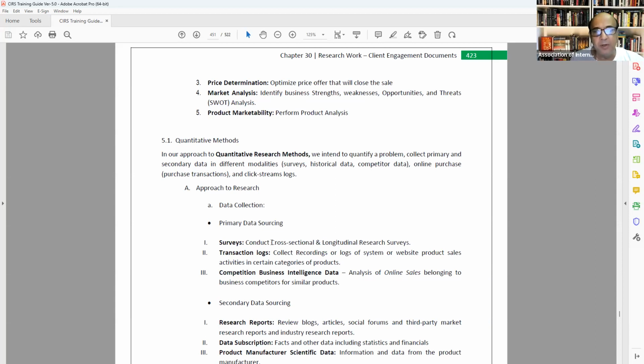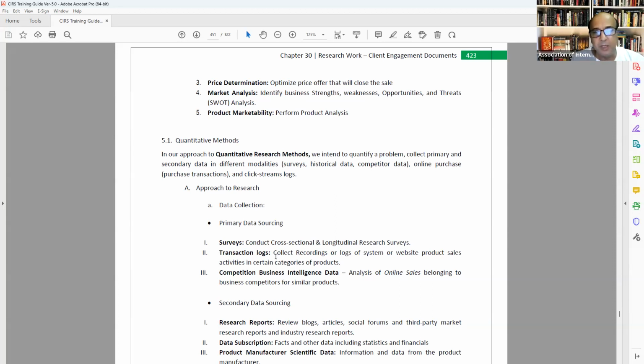On the other hand, you cannot do away with or ignore these technical terms, because these proposals are probably being compared with those of other competitors who would be talking in the same language, and therefore, in order for you to compete in the industry, you've got to stay within the professional ways in which you would be using these words. So cross-sectional and longitudinal research surveys, what are those? That's what we are going to learn.